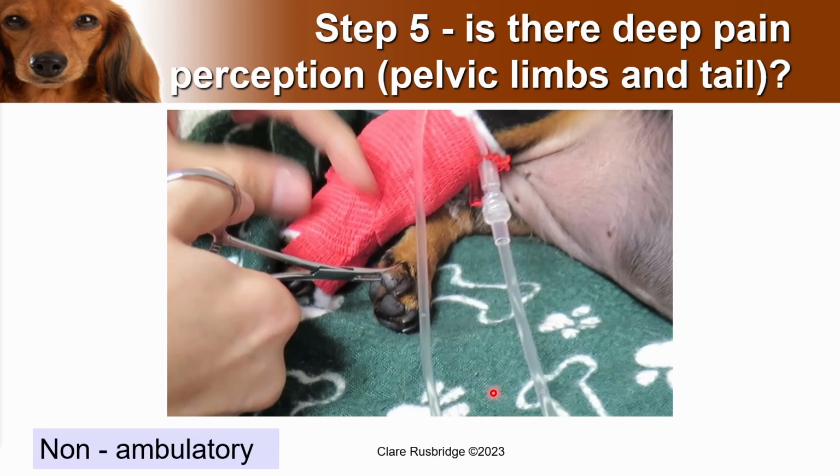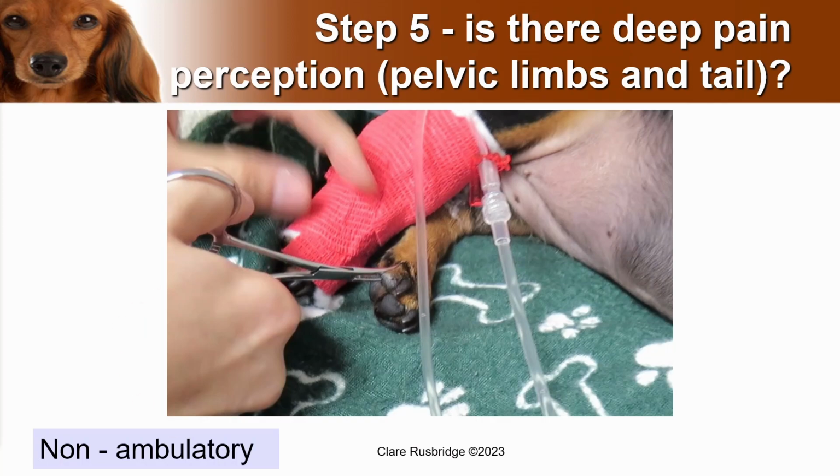Typically in this we will use a stimulus which is more painful than simply pinching the toes, as you saw earlier. So this is where you may provide a very painful stimulus by pinching the toes with an artery forceps or a hemostat.